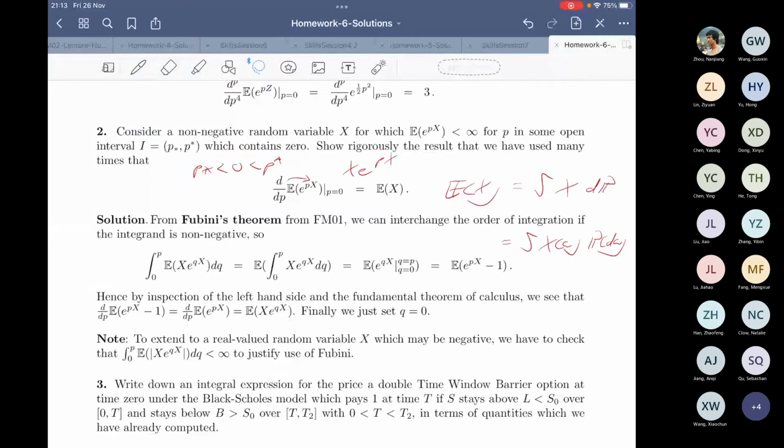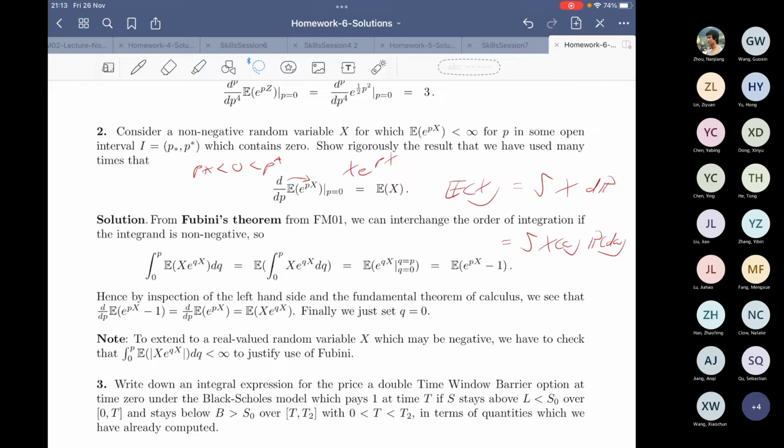Which it is here, because I've cheated and said let's assume the random variable is non-negative, and of course this exponential is non-negative, so we can do that. I'm not proving Fubini's theorem here. That's not a trivial thing. It would probably take an hour, but that's what I'm using.